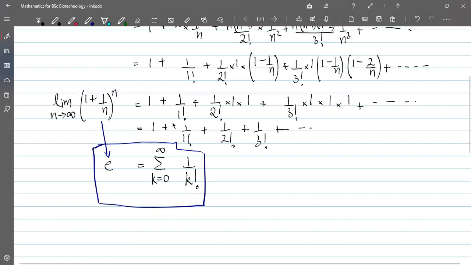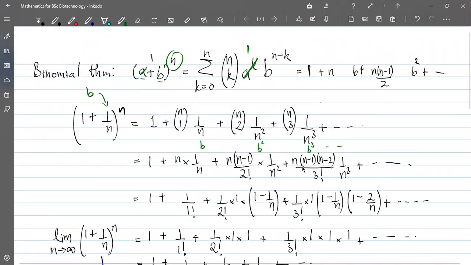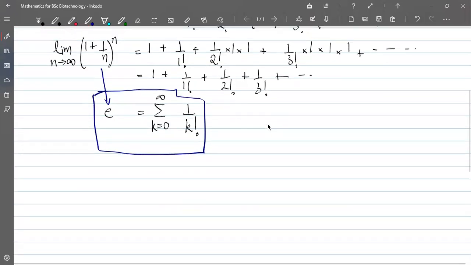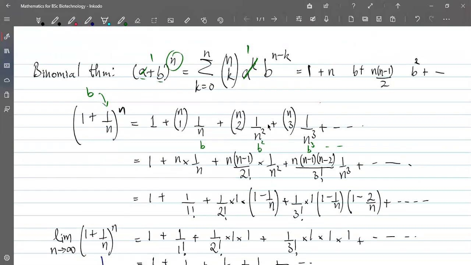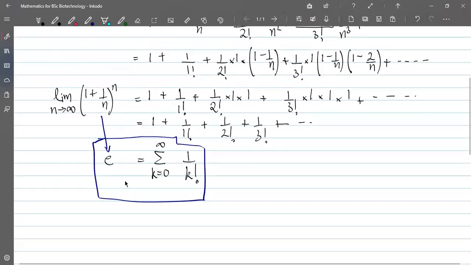So this is the first limit we are evaluating, which is not in the polynomial upon polynomial form. This is called the series expansion of e, or actually this is the definition of e according to the limit, and this series gives you the value of e.